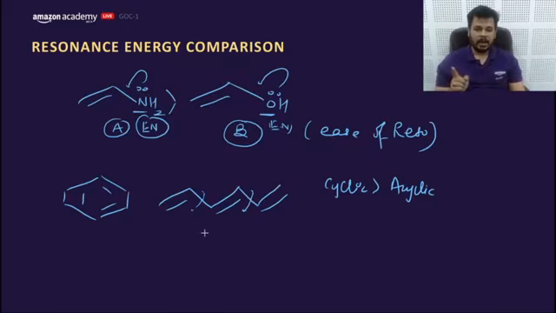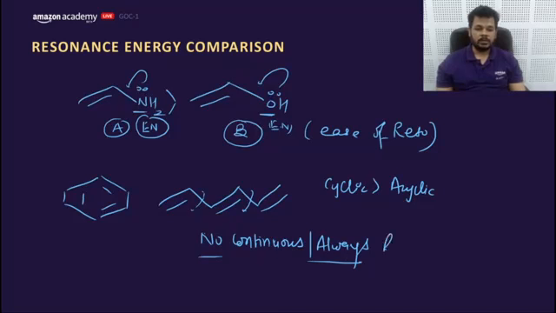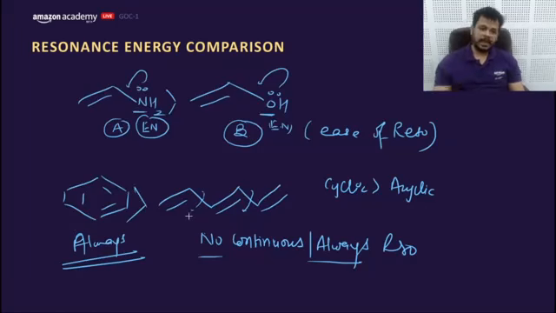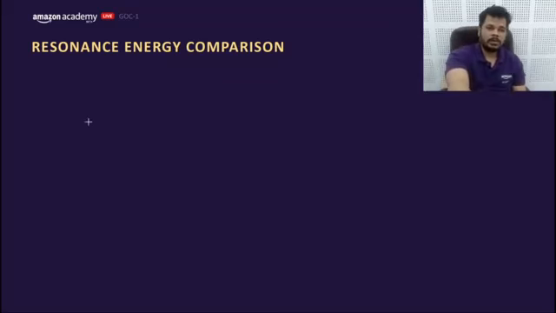That means there is no continuous resonance, whereas the cyclic case shows resonance always, continuously. That means cyclic is better than acyclic. So these are some points to consider for resonance energy.